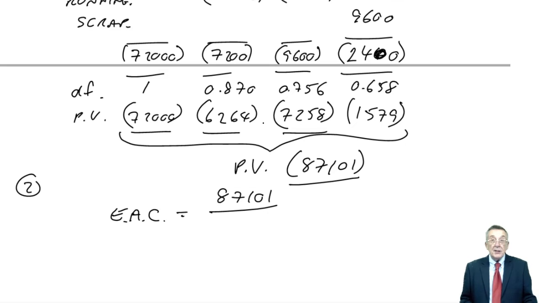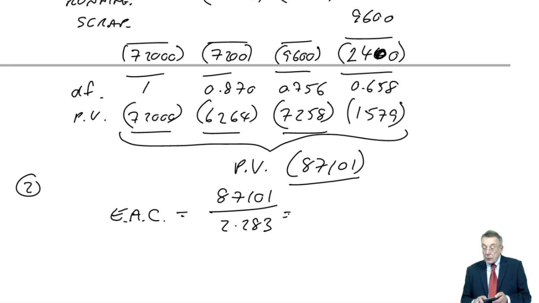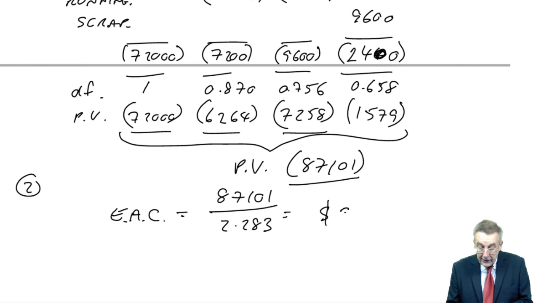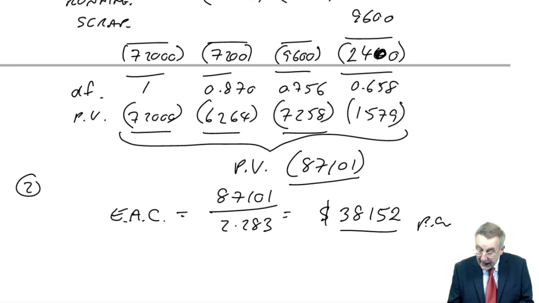It's 3-year replacement, so divide by the 3-year annuity factor. 3 years at 15 is 2.283. And so this one is equivalent to £38,152 per annum forever.